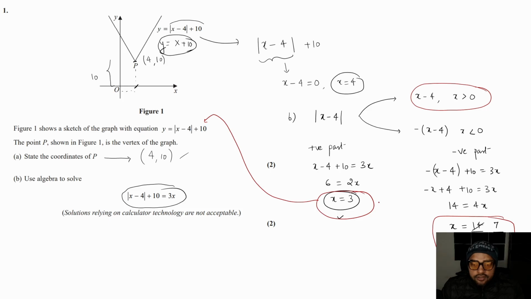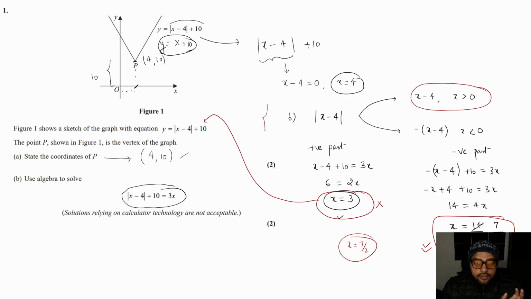That is why this answer is not possible. This answer will be possible. So the exact solution will be x equals 7 by 2. That is the only solution, but in the working you need to show both parts, because the method counts and you will get marks for method and accuracy.